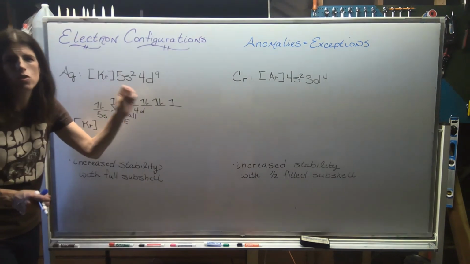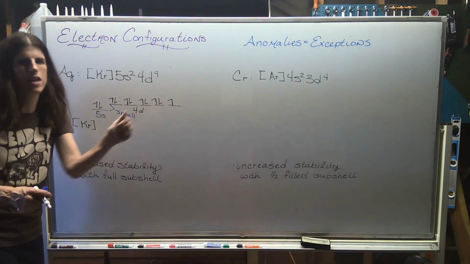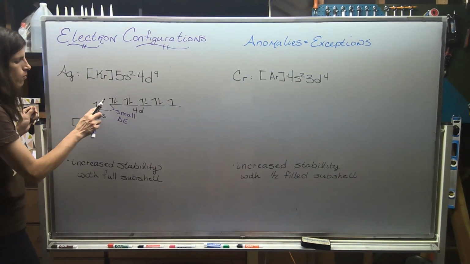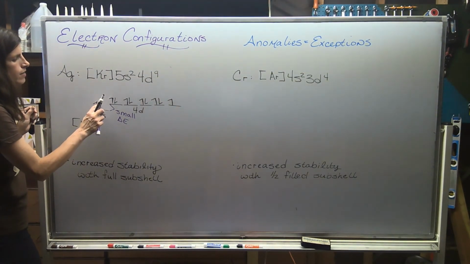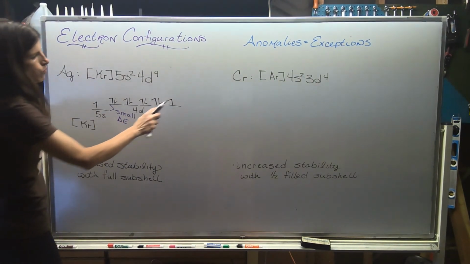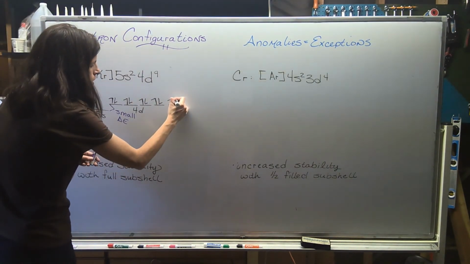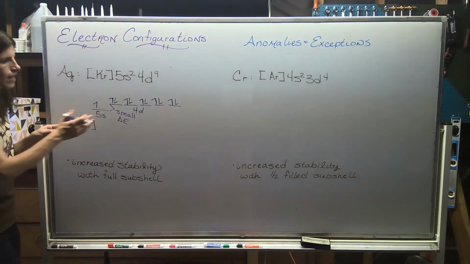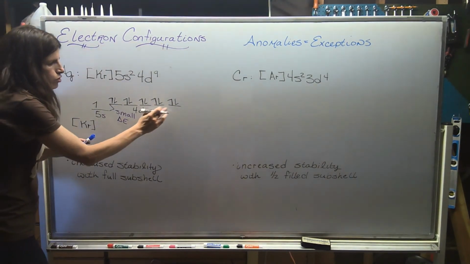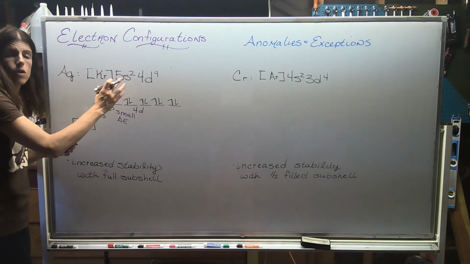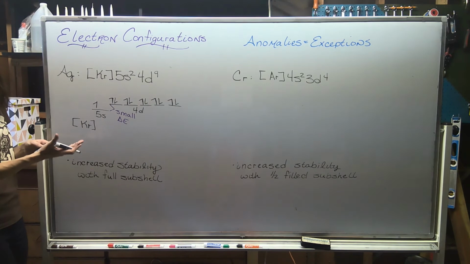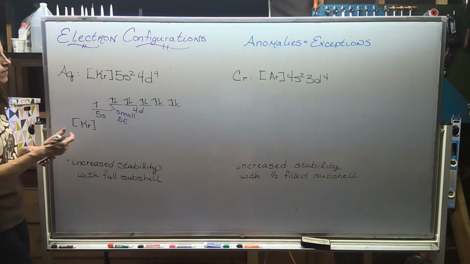The 4d is only 1 electron away from having a full subshell. So this electron that we would think would be in the 5s actually moves over to the 4d, and that creates this full subshell. Our core is full, and then we just have a random electron hanging out in the 5s1.